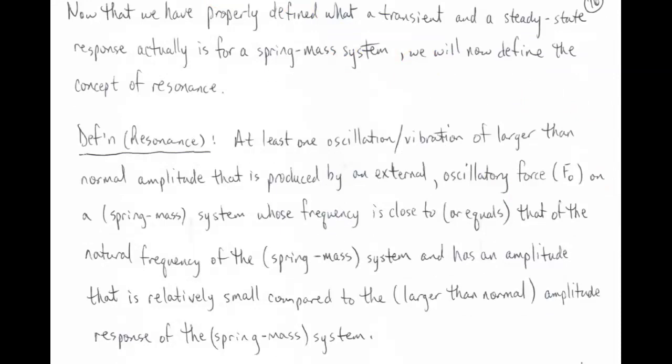Our definition of resonance is that we're going to have at least one oscillation or vibration in our system that's going to be larger than normal amplitude-wise, and that occurs when we have some kind of external oscillatory force applied to the spring mass system.